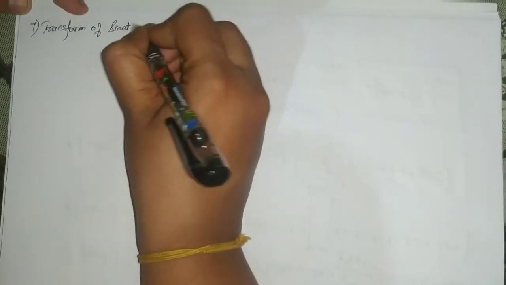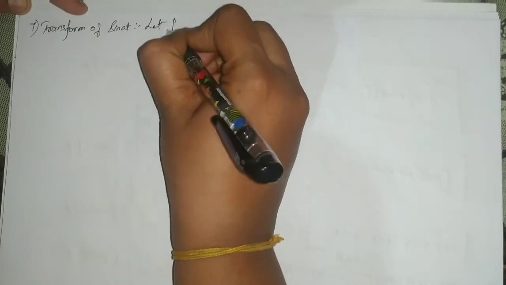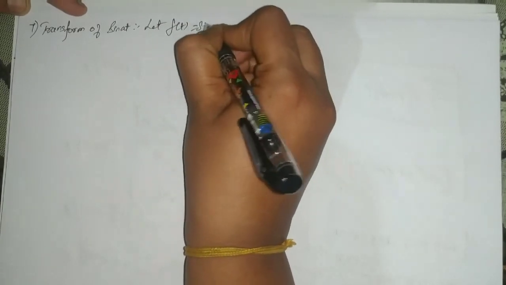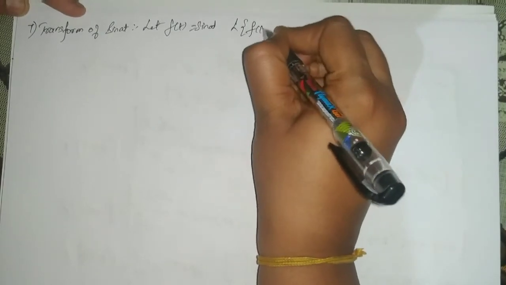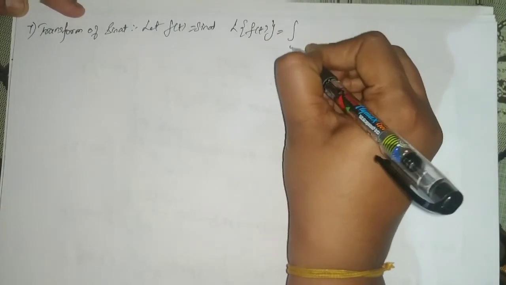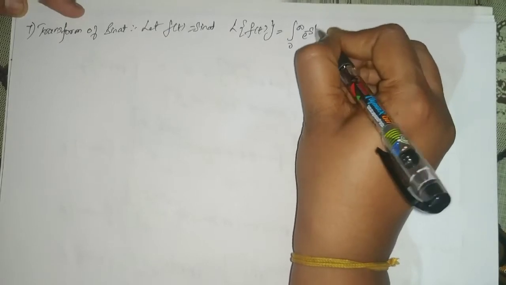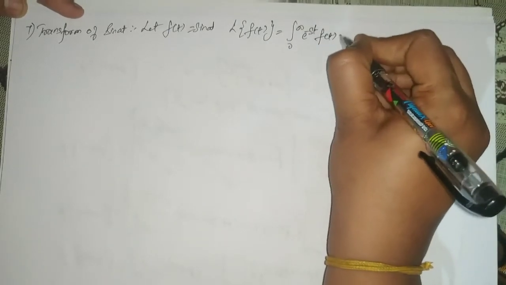So we have the next transformation, transform of sin at. Let the function be sin at. Apply the formula, integral 0 to infinity e power minus st f of t into dt.